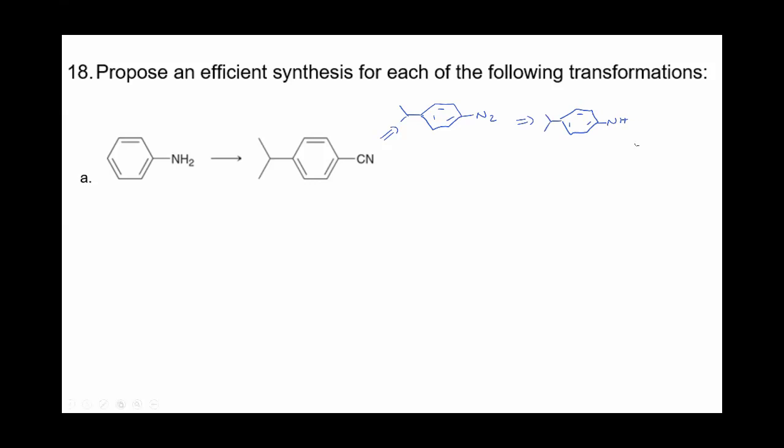And so all I need to do to this starting material is to put an isopropyl group on there. And some of you might be thinking I can just do this, right? Do a Friedel-Crafts, but we can't do a Friedel-Crafts with that NH2 on there. So this is not going to work.